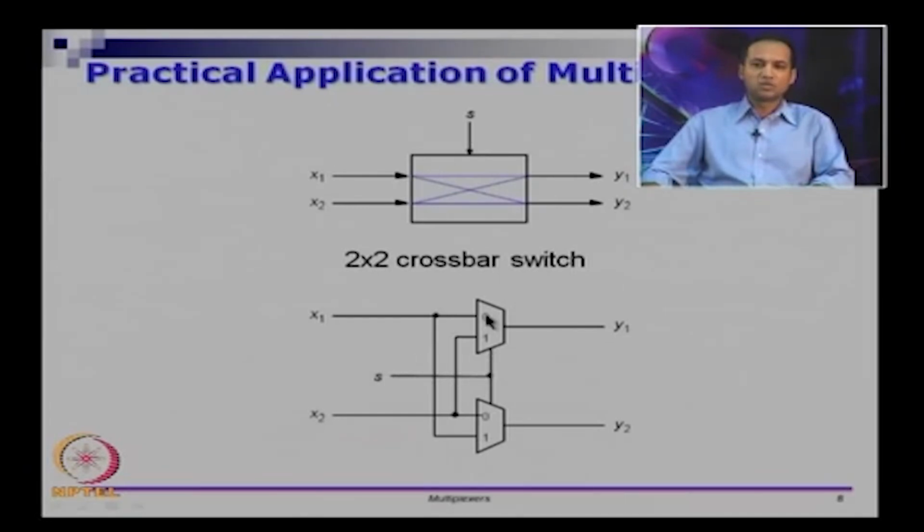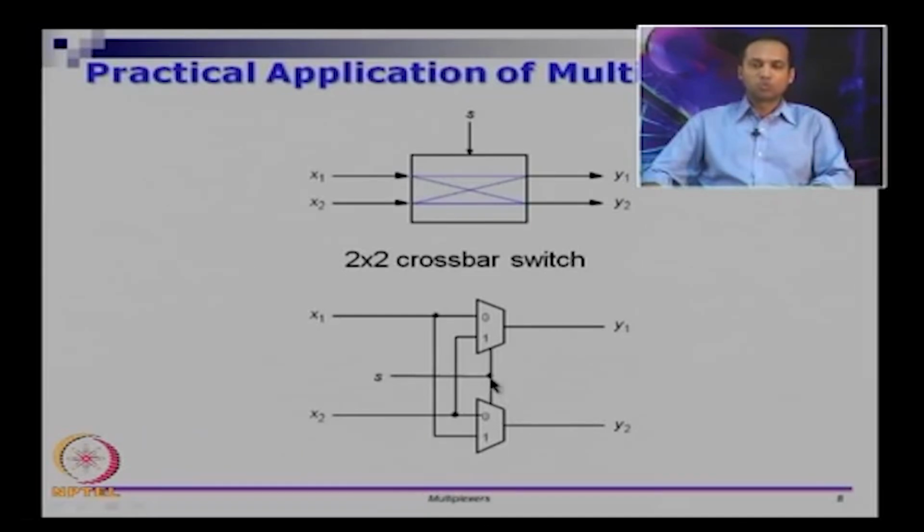If S is 0, x1 will be passed on to y1 and x2 will be passed on to y2, because if you put S equal to 0, look at which line is connected. x2 is connected to the 0th pin, and here x1 is connected to the 0th pin of this mux. So if S is 0, x1 will be connected to y1 and x2 will be connected to y2.